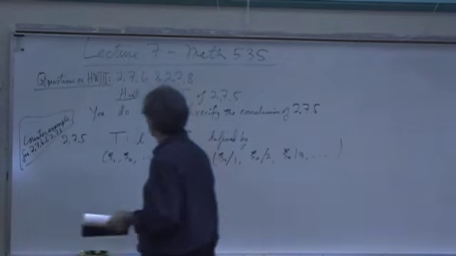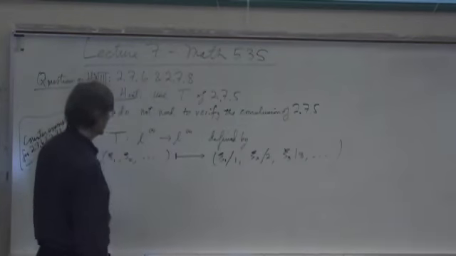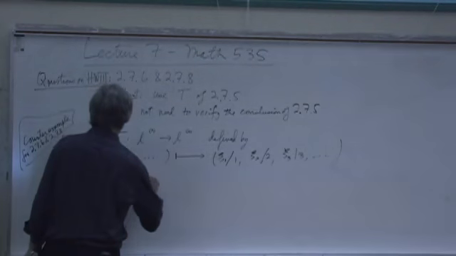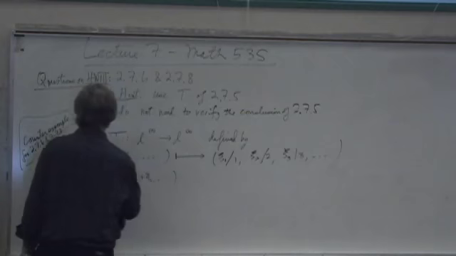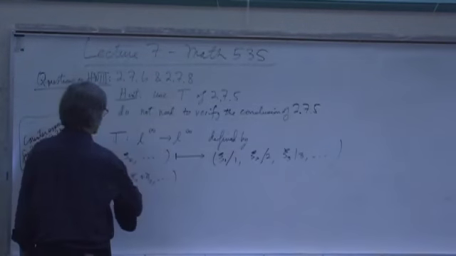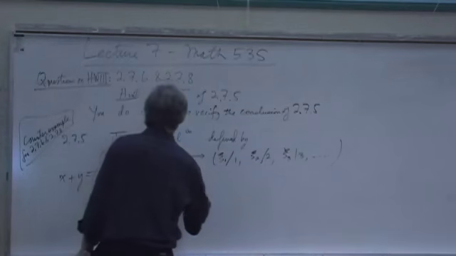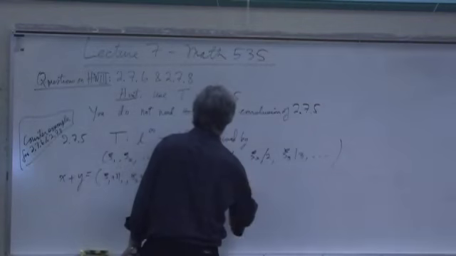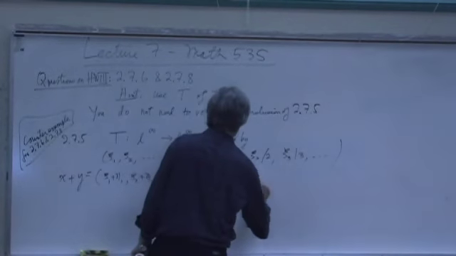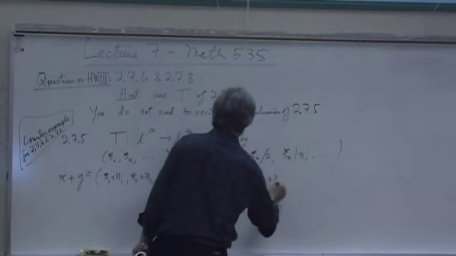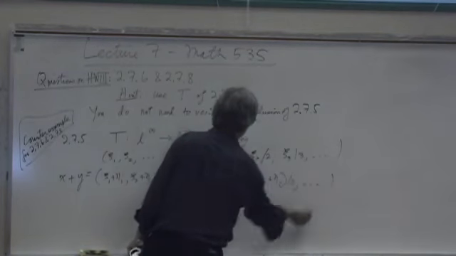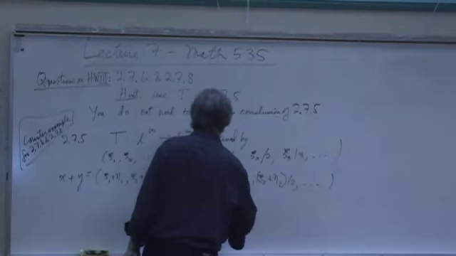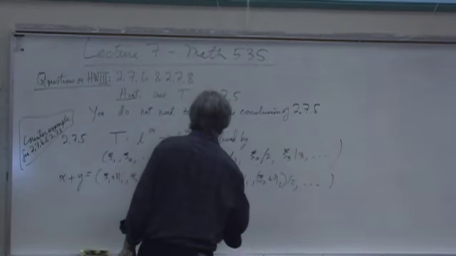That it's linear, you have to add, like C and eta. If I do C1 plus eta 1, C2 plus eta 2, and so on, that's the x plus y. This goes to, by definition, C1 plus eta 1 divided by 1, comma, C2 plus eta 2 divided by 2, comma, etc., which is obviously equal to Tx plus Ty.